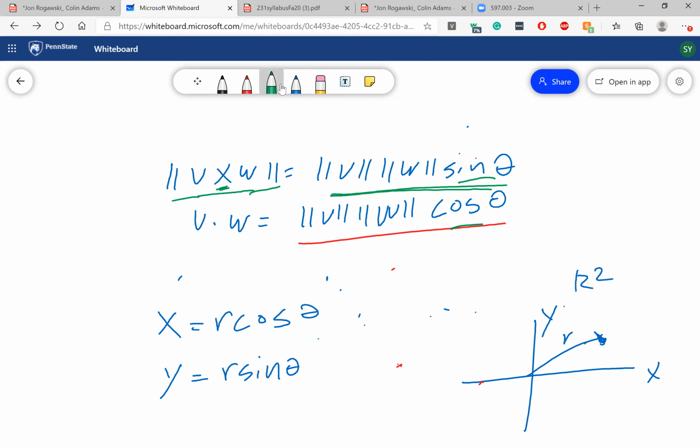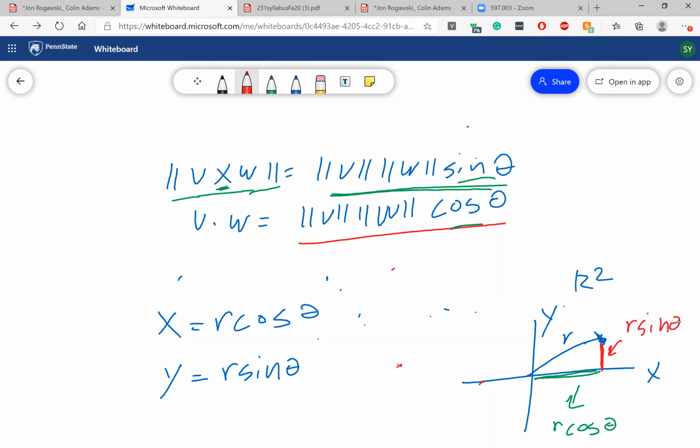Then the x component over here is r cosine of theta, and the y component over here is r sine of theta.